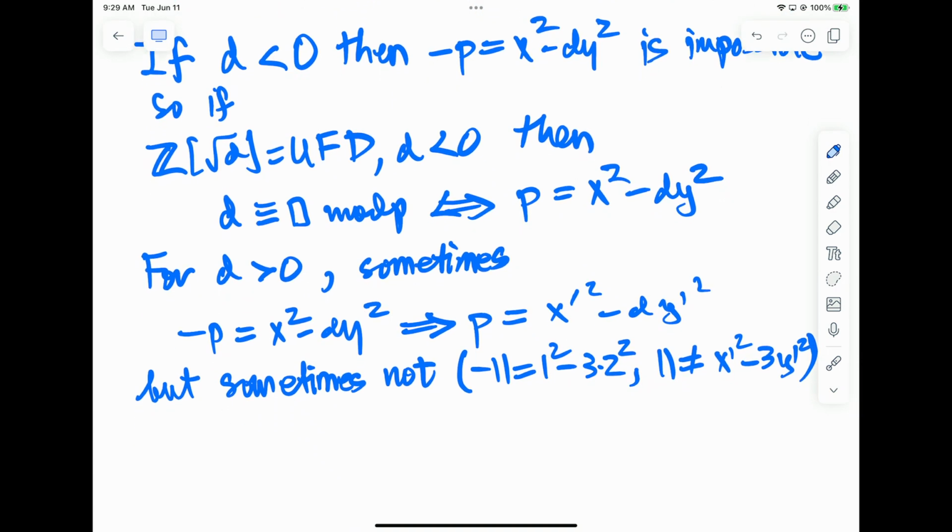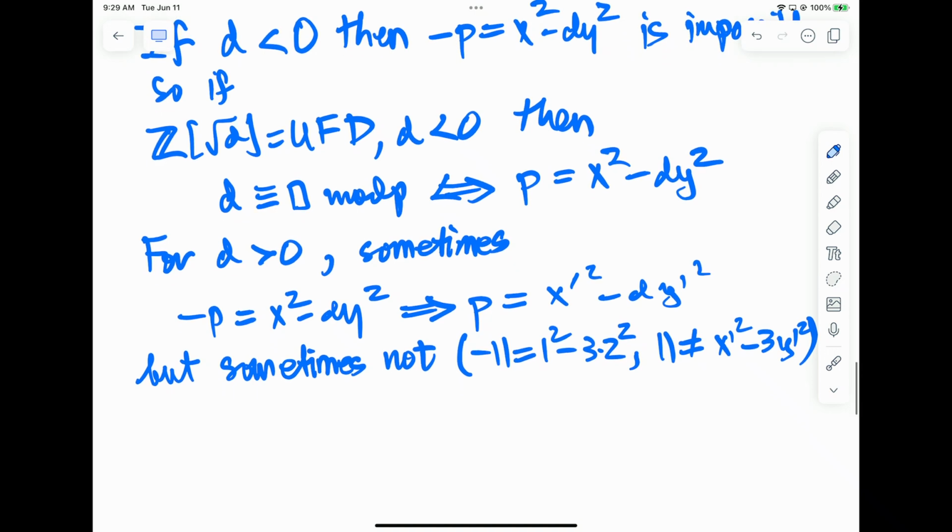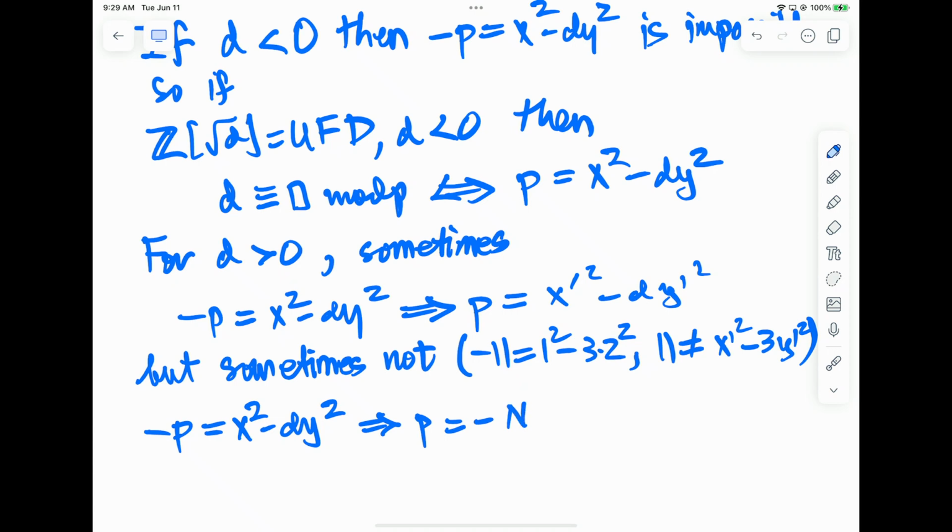It's all about, well, in fact, let's address when can that happen? How do you tell that you might need the minus sign there? So the point is, if you wrote minus p, if this were to happen, then you can write p as the negative of the norm of x plus y root d.